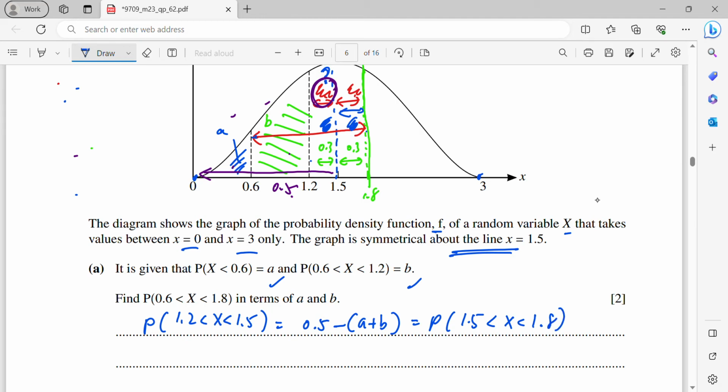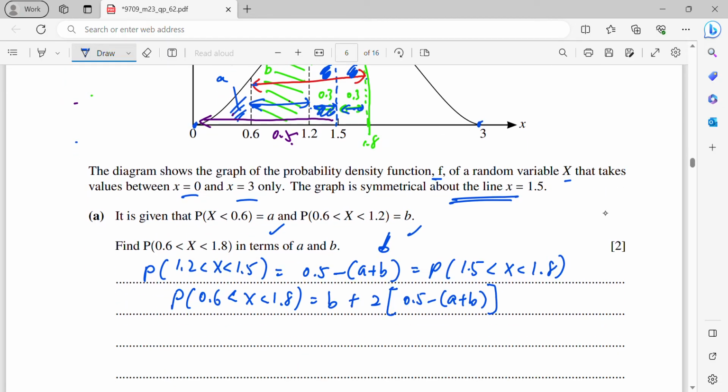So now, to get the probability of x between 0.6 and 1.8, here is 0.6 to 1.2, which is our B, plus double of these two. Double of 1.2 to 1.5 means I double this value, so double of 0.5 minus (A plus B).